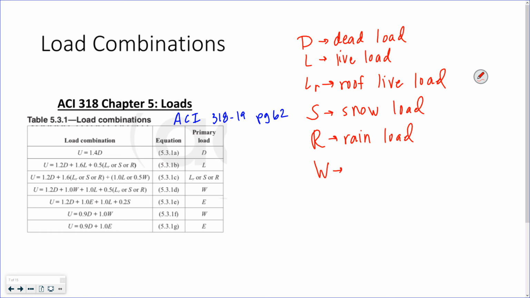W is our wind load. All right, that's gusts of wind. Not tornadoes, but hurricanes or any type of wind, right?